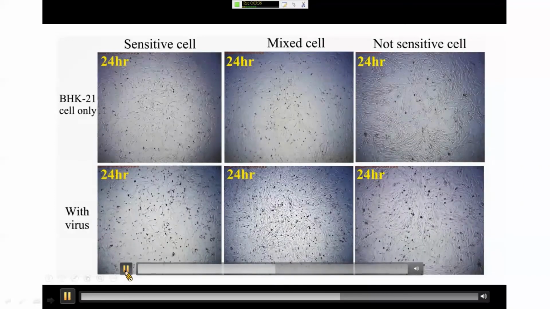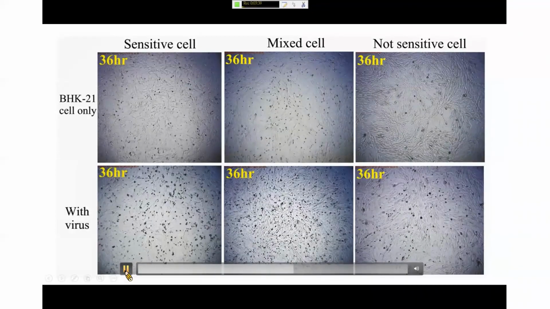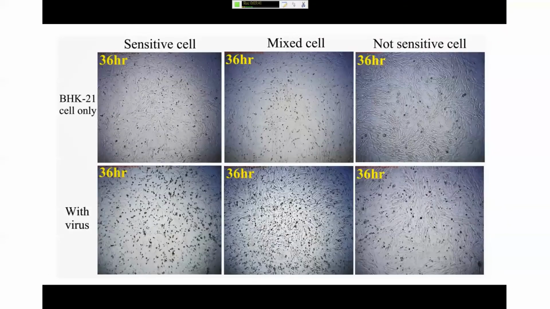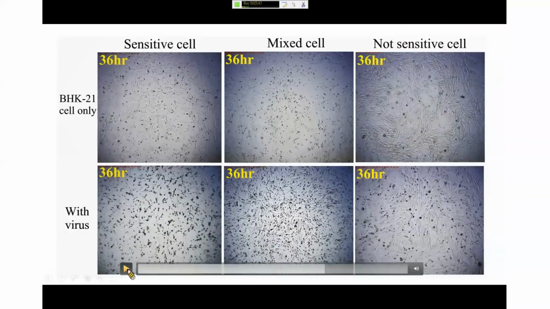Over time, you can see very different results between these three cell clones. Here, a lot of cells survive, but a lot of cells have CPE. Here, it shows CPE, but a lot of cells are still alive. Here, you can see a lot of CPE, but fewer cells survive.